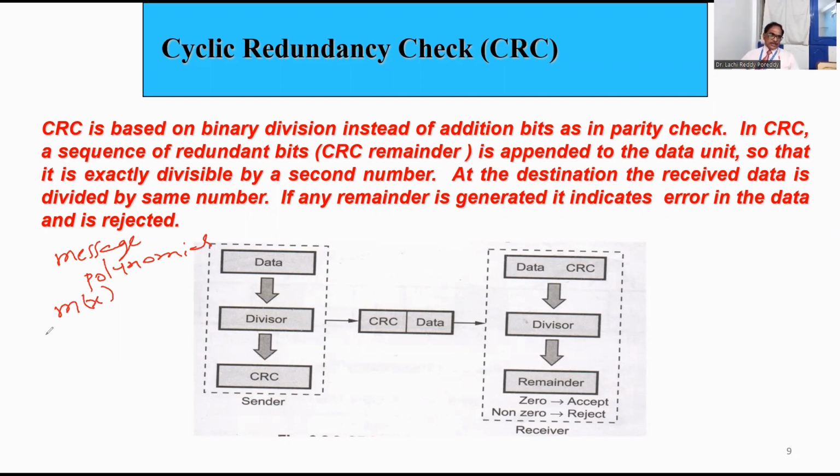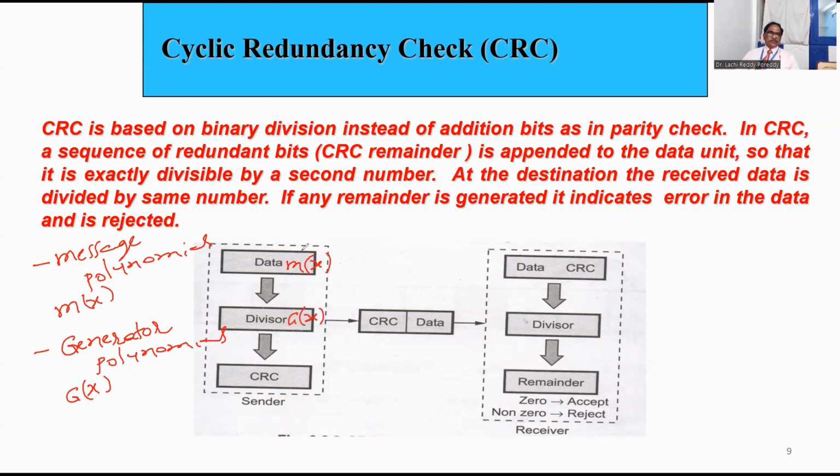We will be using another one called the generator polynomial, which is g of x. Message polynomial m of x, and this divisor is the g of x.